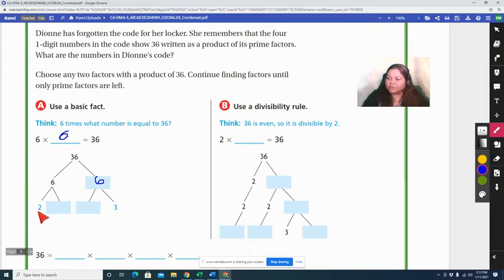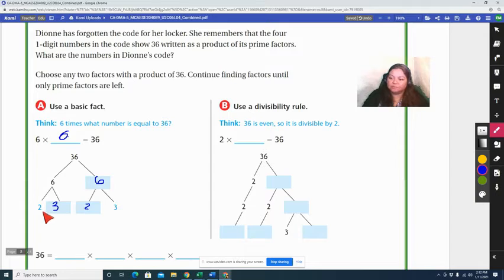They already gave us a 2. I know that 2 times 3 equals 6, and I have a 6 here again, so it's the same thing, 2 times 3. So my prime factors are 2, 3, 2, and 3.